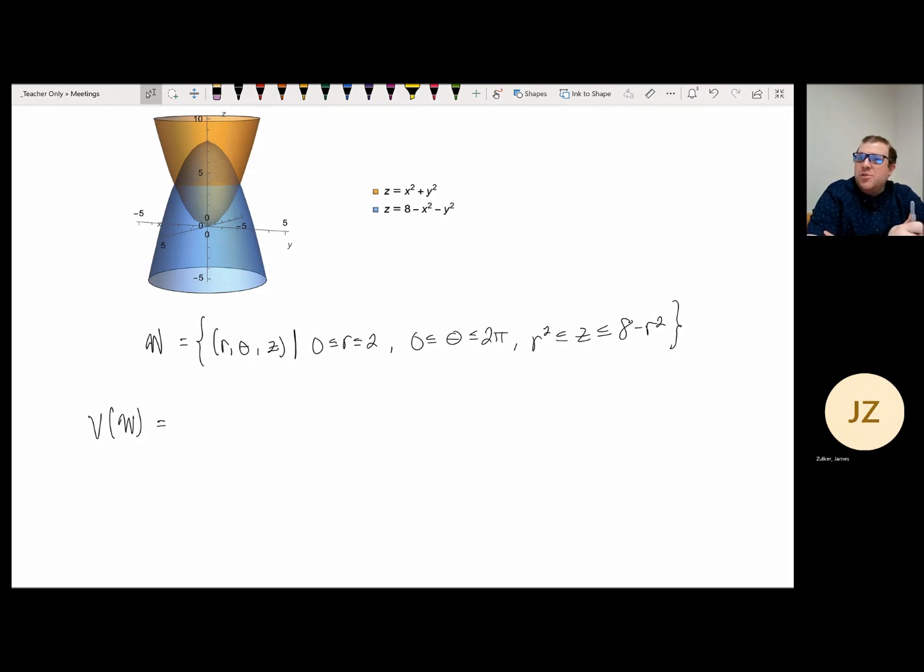Polar we wouldn't be able to do because it's three-dimensional. Polar is a two-dimensional region, but when you're doing cylindrical, you can break it down into the two-dimensional polar region and then define height. That gives you your cylindrical. Does that make sense?